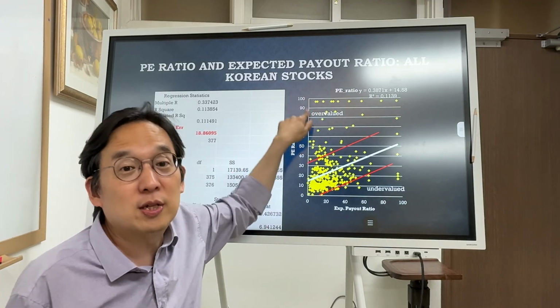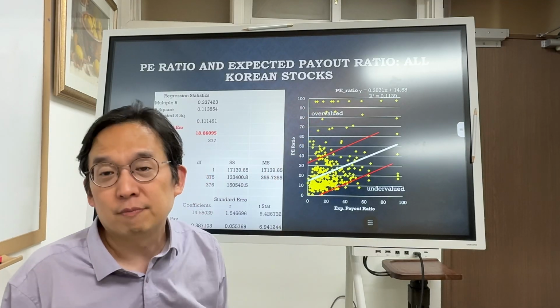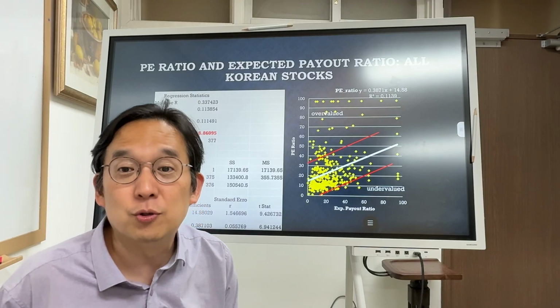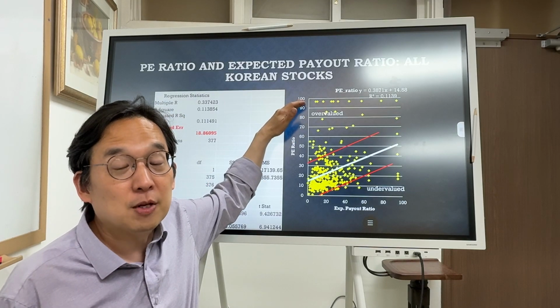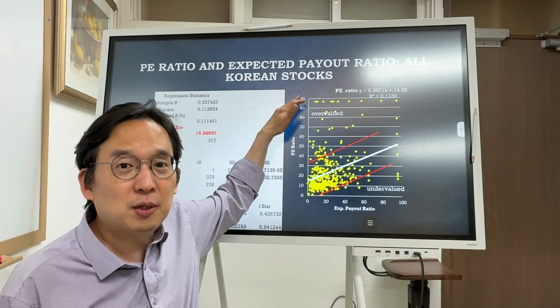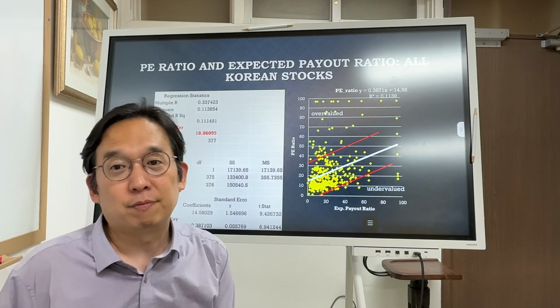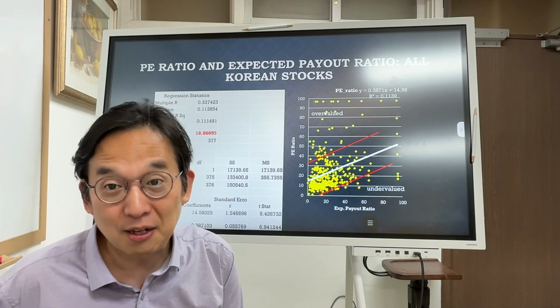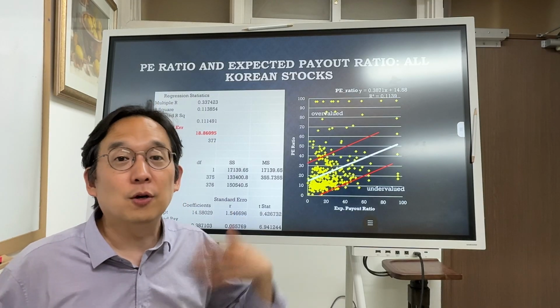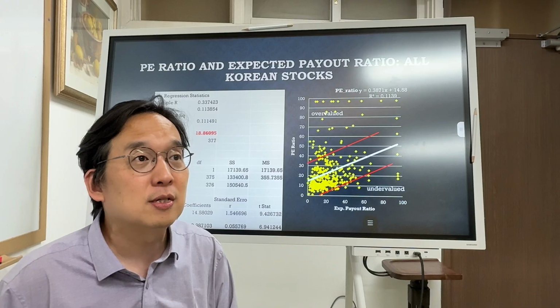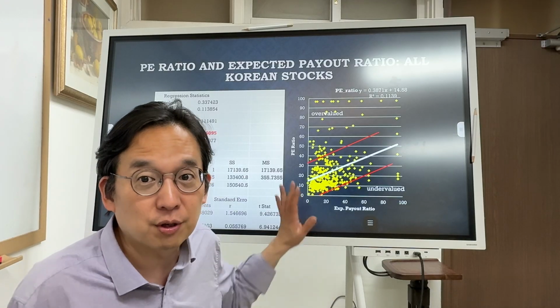So what would you do with this kind of stocks over here? Short sell. Or if you own this stock already in your portfolio, my recommendation would be, sell it. Other things being equal, okay?